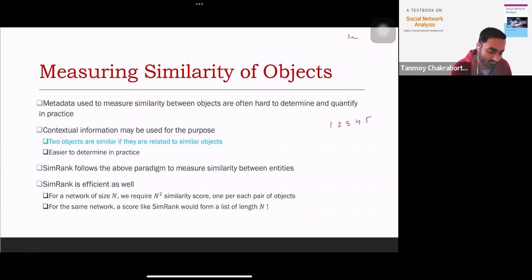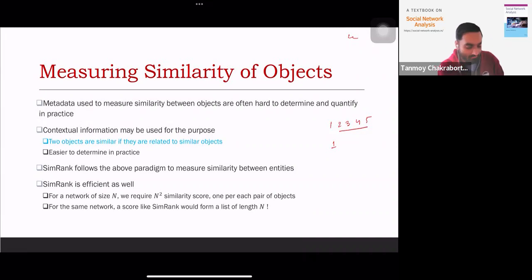And the question we want to answer is, given a particular product 1, which are the other products which are similar to 1? Among these 4 other products, which product is most similar to 1 compared to others?